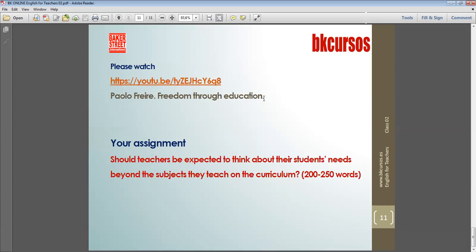And you might want to say arguments in favor. Yes, teachers are not only teaching their subject, but they also have to think about their students' development. And on the other hand, some students are unable to continue or follow a curriculum if they don't have their basic needs met. Or you can structure it in another way if you want, with an introduction and then maybe five sections according to the different needs and how a teacher might interact.